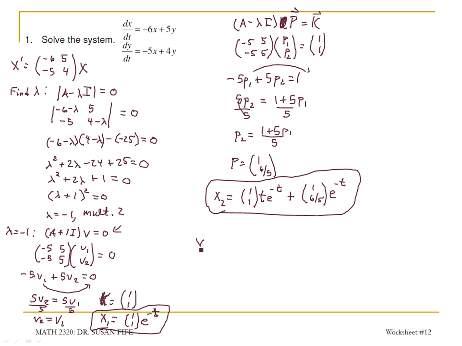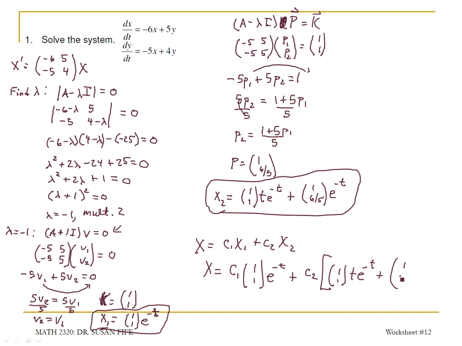My general solution is c1x1 plus c2x2. And so my general solution here is c1 times 1, 1 e to the negative t plus c2 times 1, 1 t e to the negative t plus 1, 6/5 e to the negative t.